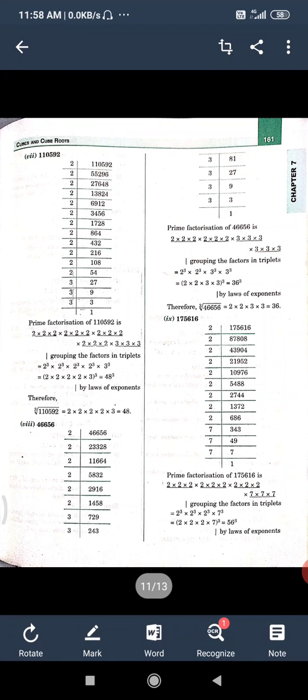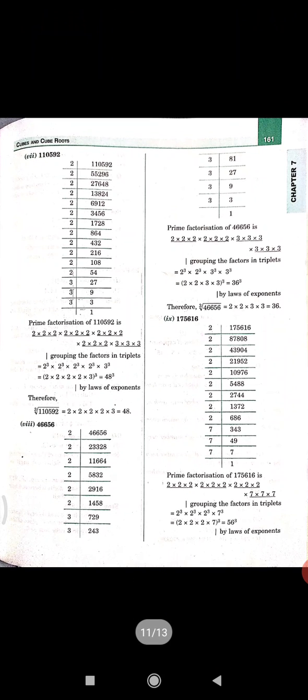So divide by 3, you will obtain 243. 3 eights are 24 and 3 threes are 9. Again divide by 3, 81. 81 divided by 3, 27. 3 nines are 27, 3 threes are 9, and 3 ones are 3.